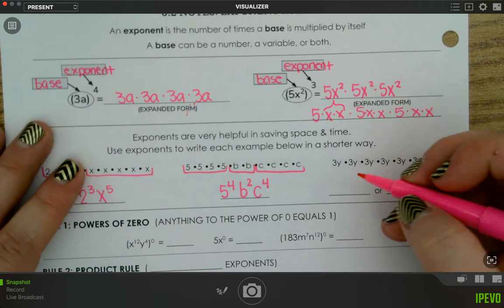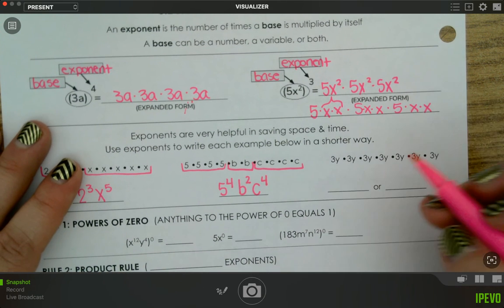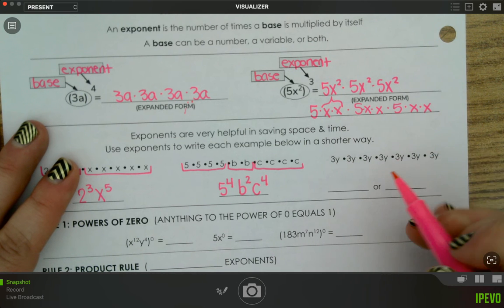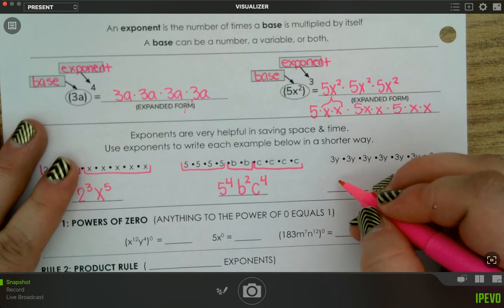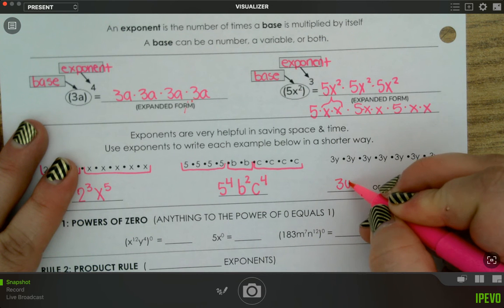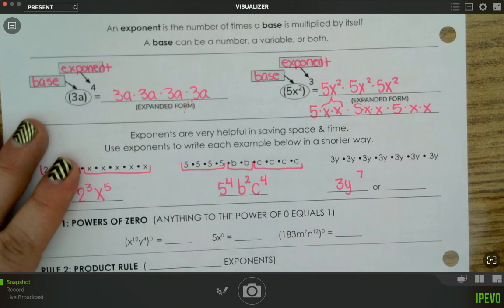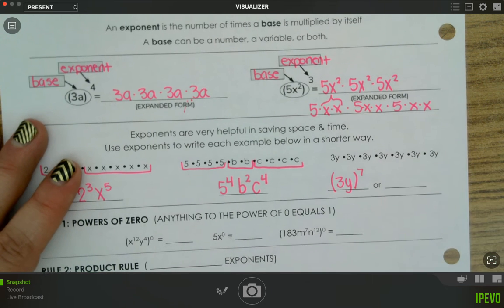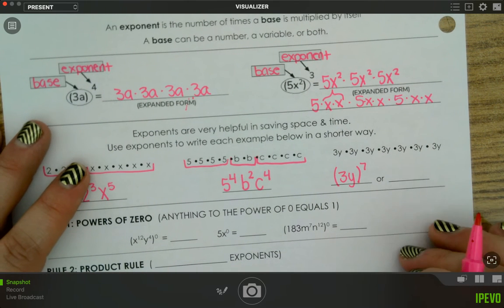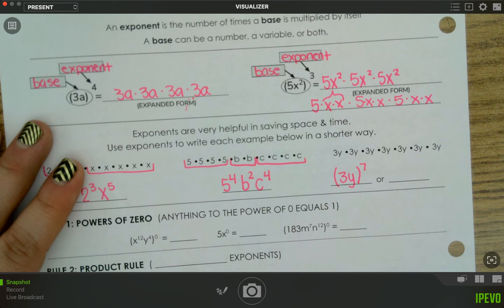And lastly, over here, there's 2 ways of writing this one. This 3y is happening 1, 2, 3, 4, 5, 6, 7 times. If you want to write that as 3y to the 7th power, then you need to put parentheses around this so that you're showing that you're taking the whole thing, 3 and y, to the power of 7.